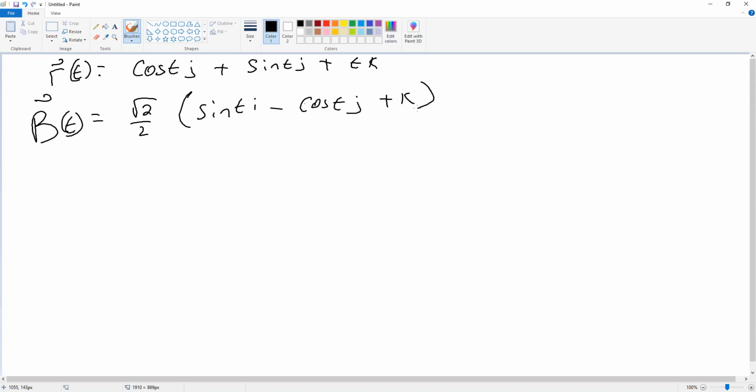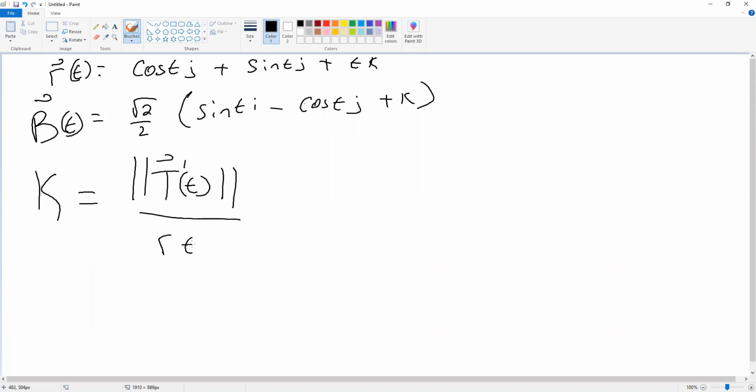All right, so if we want to find the curvature, kappa is equal to, let's see, the magnitude of the derivative of the tangent of t, if I remember correctly. Yep, the derivative, and then it should be divided by r prime of t, and its magnitude as well, right?